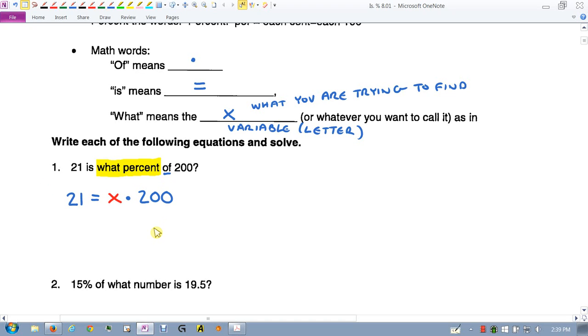Okay, solve for x. What do you need to do to solve for x? Remember, this 200 times x is the same as 200x, isn't it? The multiplication, I can flip it around, and now we have a linear equation. Parentheses are gone, there's no fractions, collecting like terms, isolating the variable, all that's done. All you have to do is make the coefficient on x 1. So you divide both sides by 200.